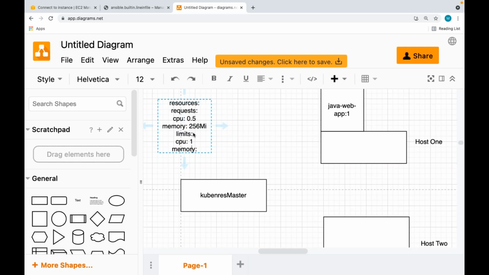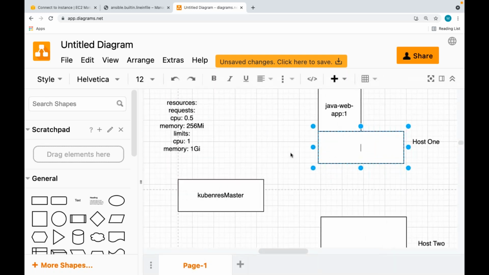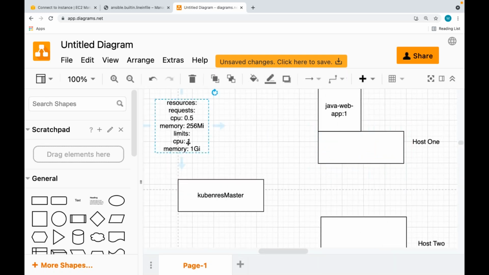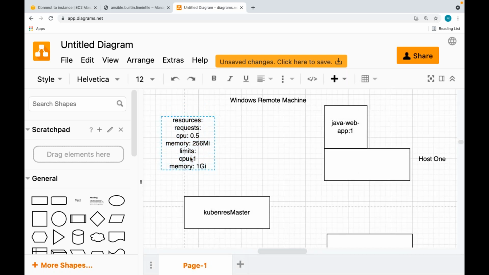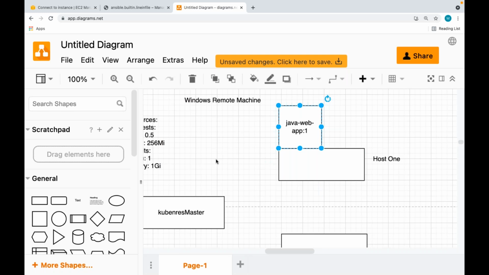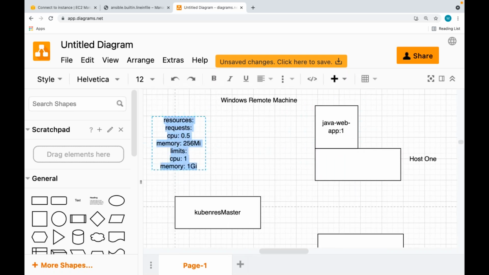If I set a limit like this, how much maximum can it utilize? Even though this node has some memory and some CPU available, if I set the limits, even if there is a lot of load on this application, is it going to take memory beyond this, CPU beyond this?